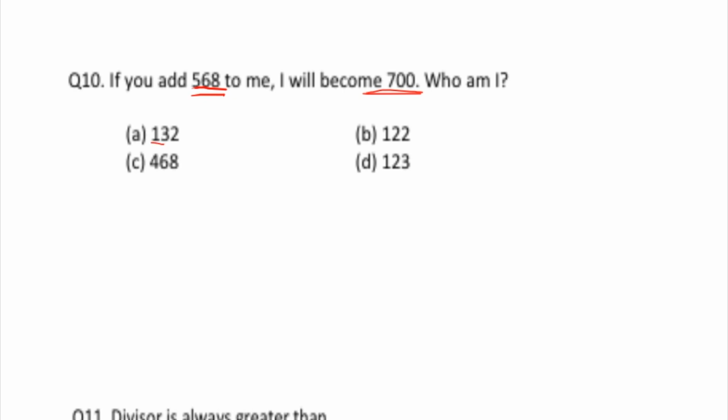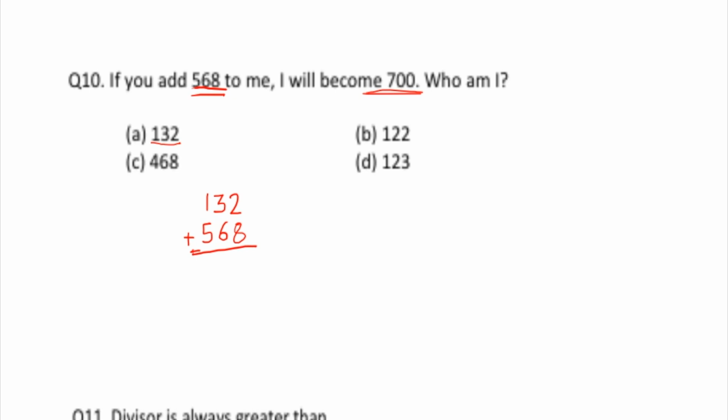Okay, first is 132. Let's see if we add 132 to 568, what will be the sum, because it says you have to add 568 to a number and you have to find that number.